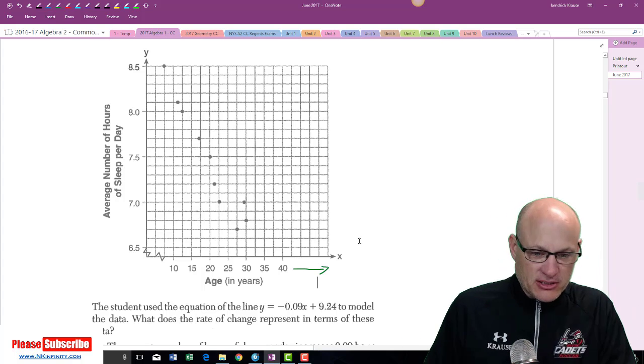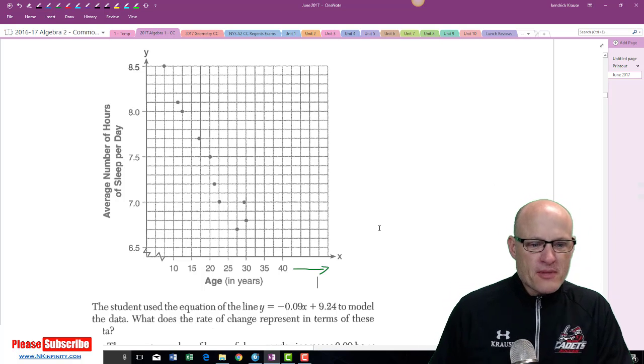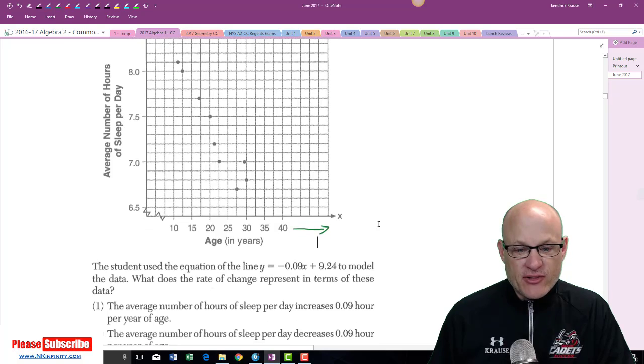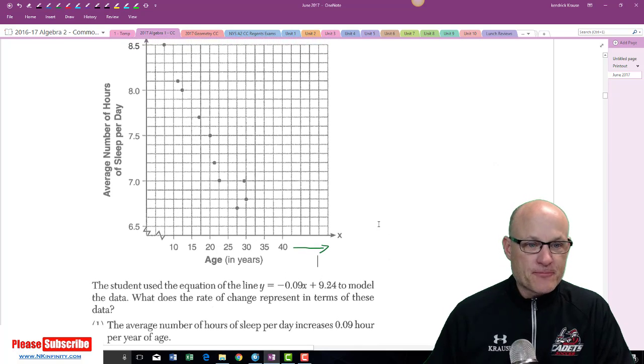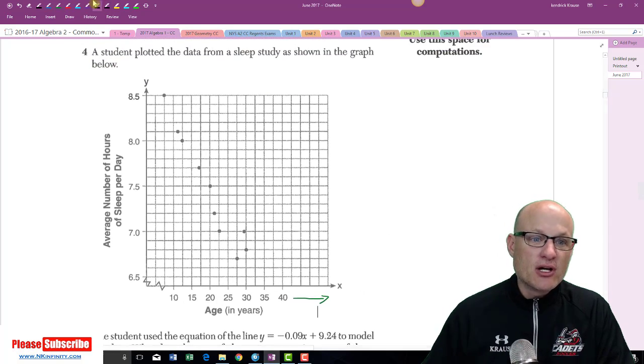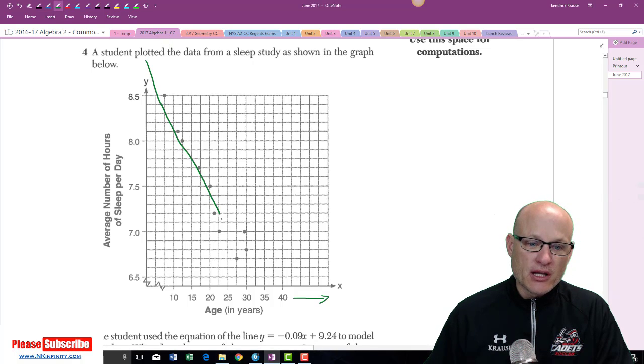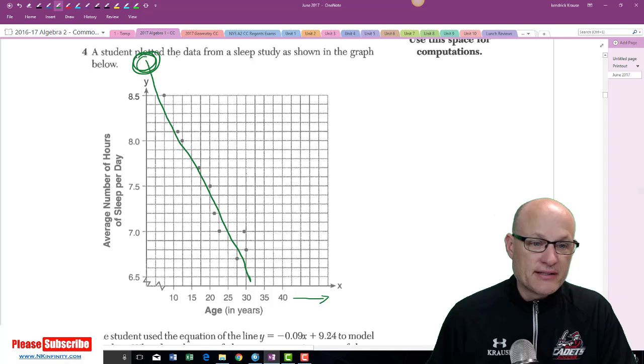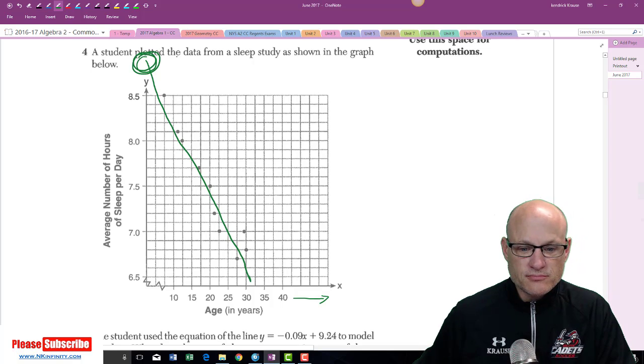But I don't really believe this because I get way more than that. The student used the equation y equals negative. Now it's negative because it's coming down, right? And it looks like, if we draw on a line of best fit, we should get here. Looks like, at 0, we're getting about, what, 9 hours?